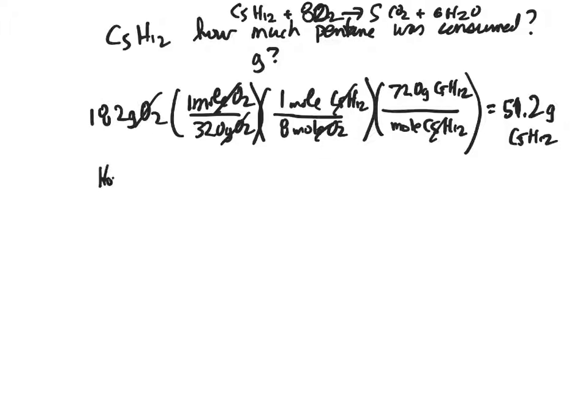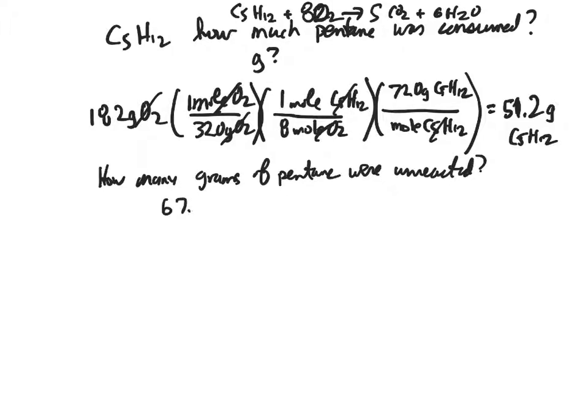So how many grams of pentane were unreacted? And so we started out with 67.5 grams, and we reacted 51.2 grams.